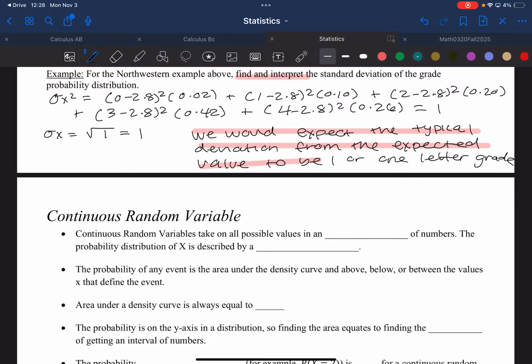It says a continuous random variable takes on all possible values in an interval of numbers. The probability distribution of x is described by a density curve. So we have the normal curve and the density curve.